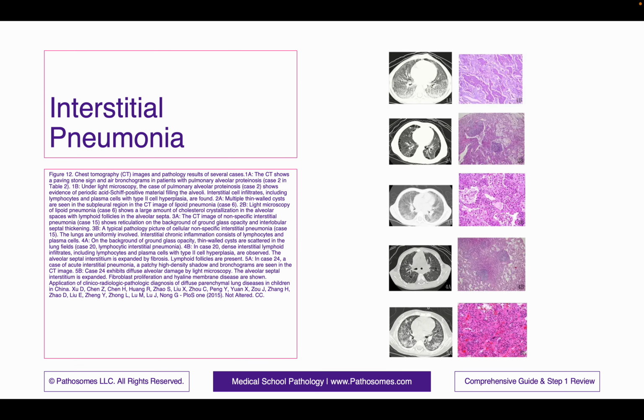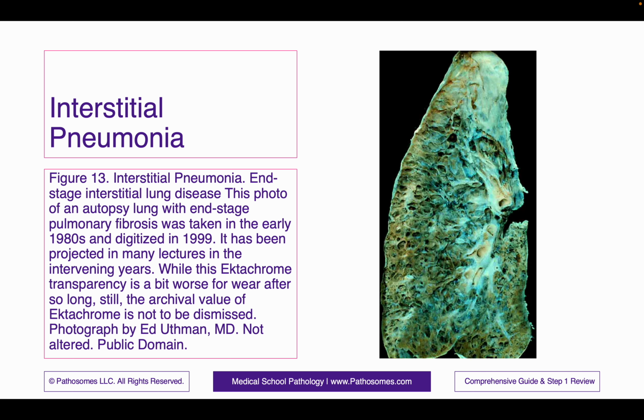And here we can see the various radiology and histopathology correlates for several cases of pneumonia. And here we can see a lung grossly that's been impacted by interstitial pneumonia.